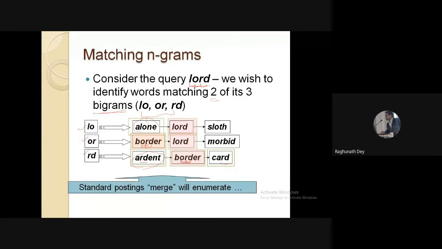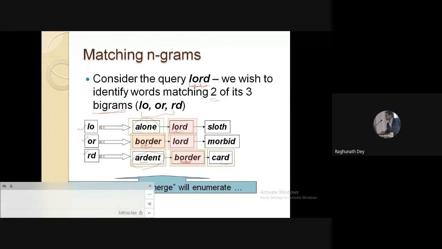Then after that we are getting L, A, B, C, then L, where we find that LO is matching, OR is matching, RD is matching. Here also LO, OR, RD, three matchings we are finding. So it can be another solution. One can be the solution BORDER, another can be the solution LORD.